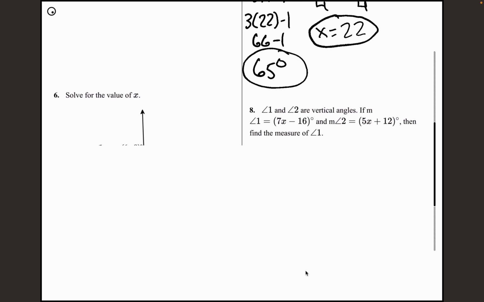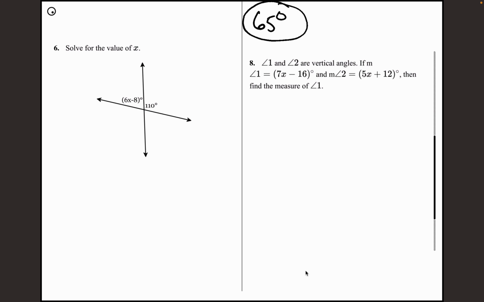All right, let's look at 6. When we look at 6, are those going to be vertical angles? Are the values that we're given, are those vertical angles? Are 6x minus 8 and 110 vertical? No. Are they complementary? Supplementary? Yeah, so if they're supplementary, what did that add up to equal? 180.